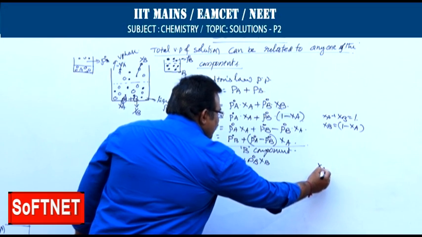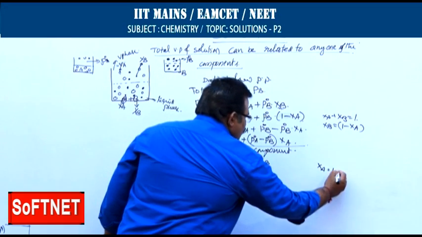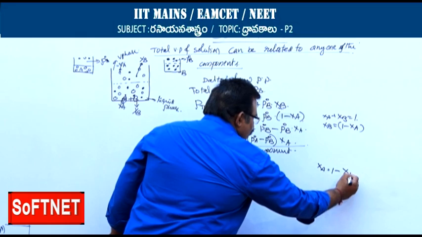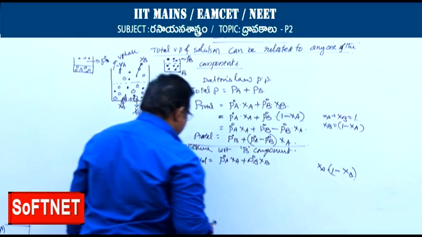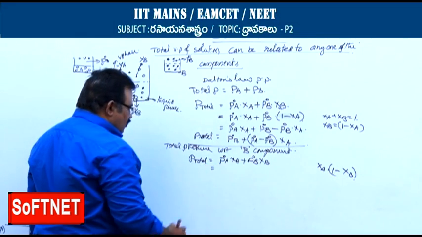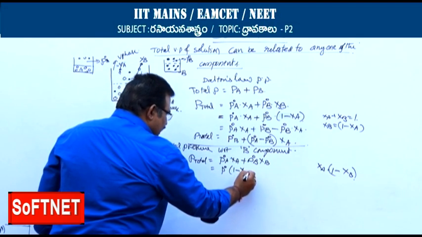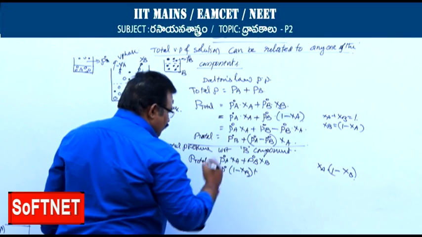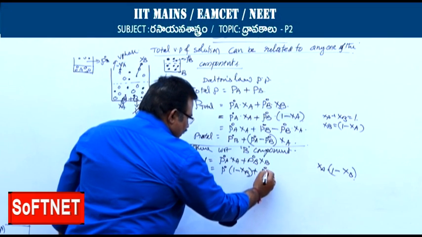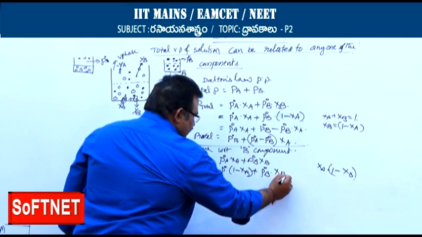Instead of XA, substitute 1 minus XB. So, P total is equal to P0 A into 1 minus XB plus P0 B into XB.